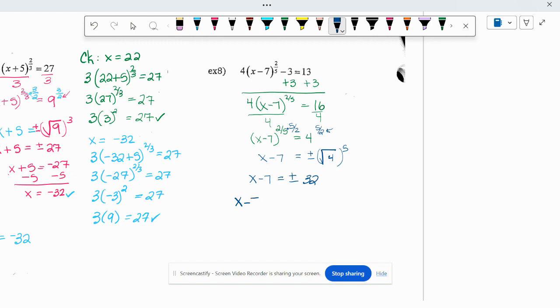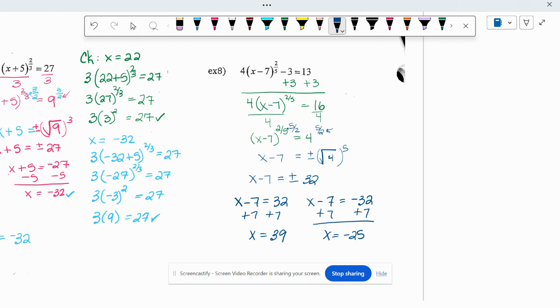So x minus 7 equals the positive 32, and x minus 7 equals the negative 32. Add 7 to both sides. So x equals 39. Add 7, and x equals negative 25.